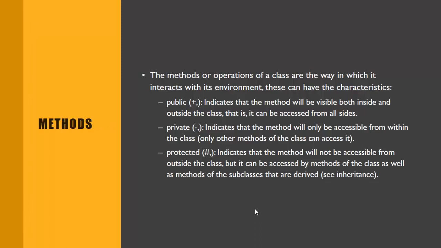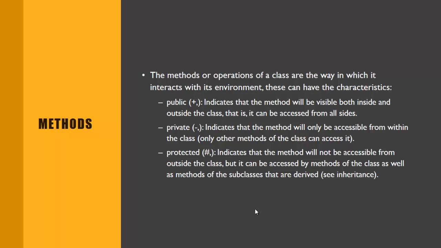The methods or operations of a class are the way in which it interacts with its environment. These can have the same characteristics. Public indicates that the method will be visible both inside and outside the class. That is, it can be accessed from all sides.